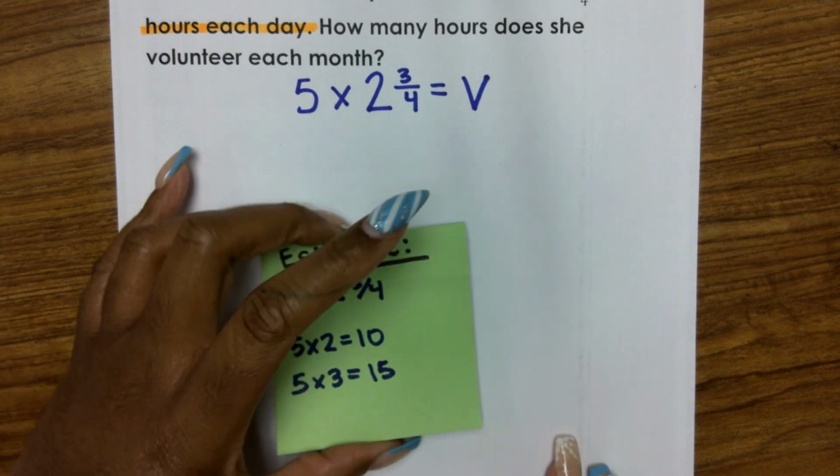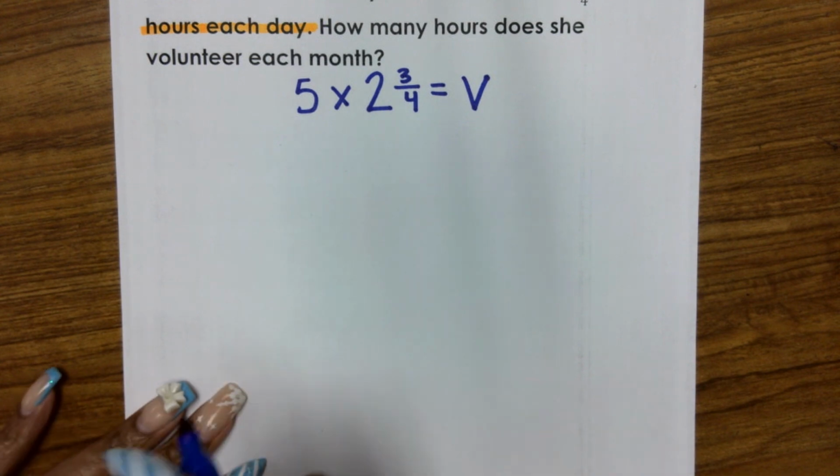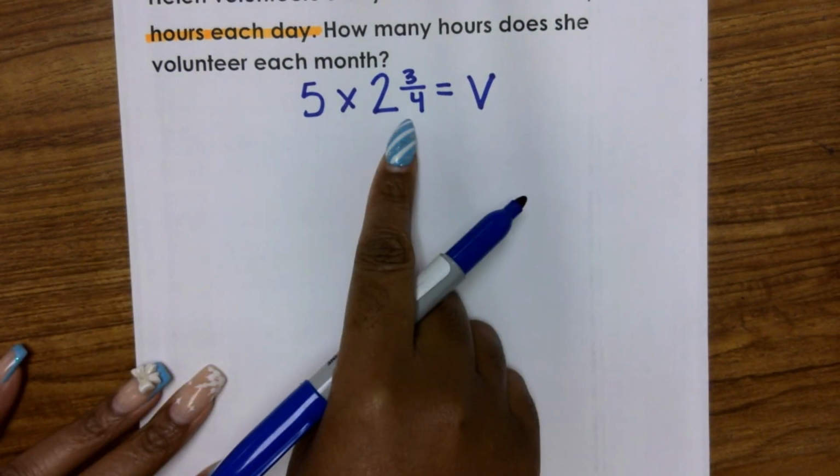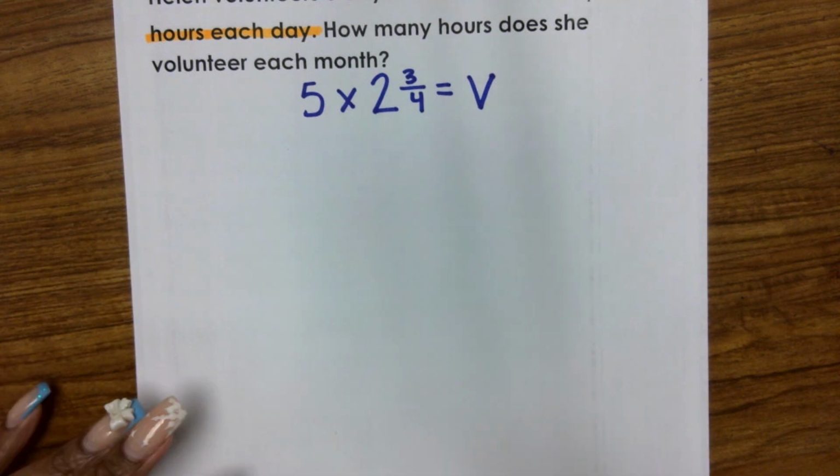Okay, let's get started. First I'm going to use rectangles to represent the time Helen volunteers each day. She volunteers 2 3/4 hours each day, so I need to draw 5 groups of 2 3/4.